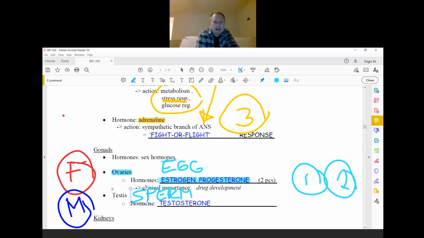Well, that's not the only thing that the testes do. The hormonal function of the testes is the production of testosterone. So again, be aware of that, and we will discuss that in more detail when we look at the male reproductive system.